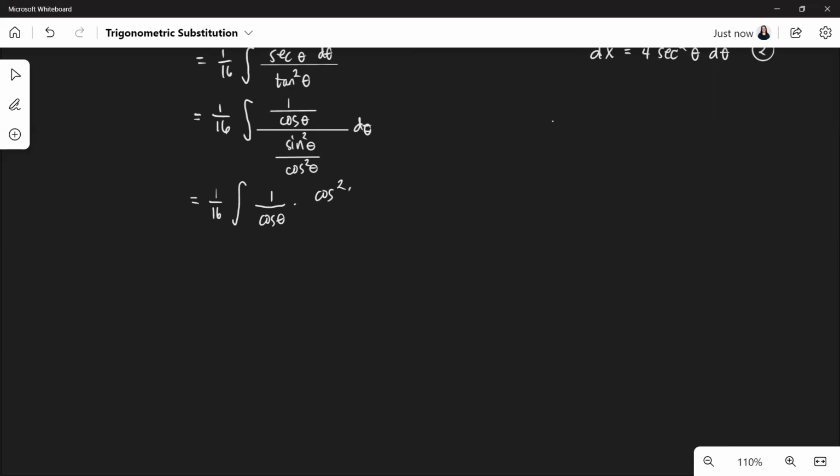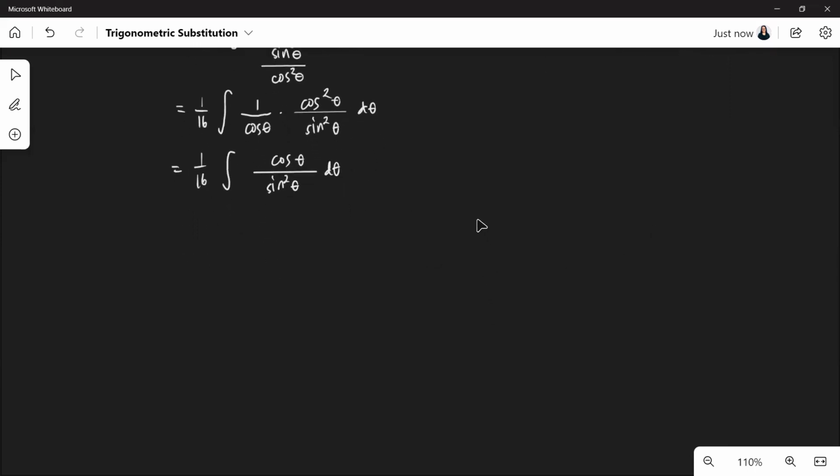So it's cosine squared theta over sine squared theta. So we have cosine squared over cosine. Basically, that's only one cosine on top, and then divided by sine squared.